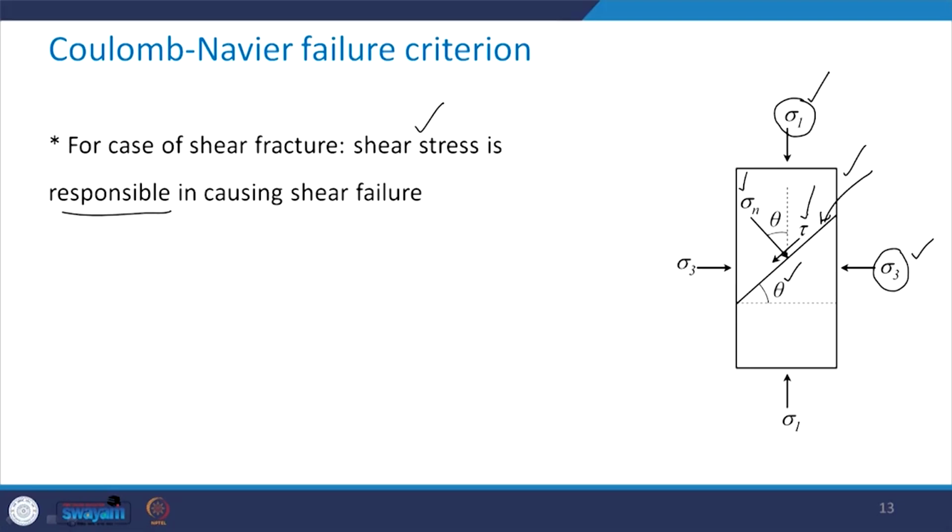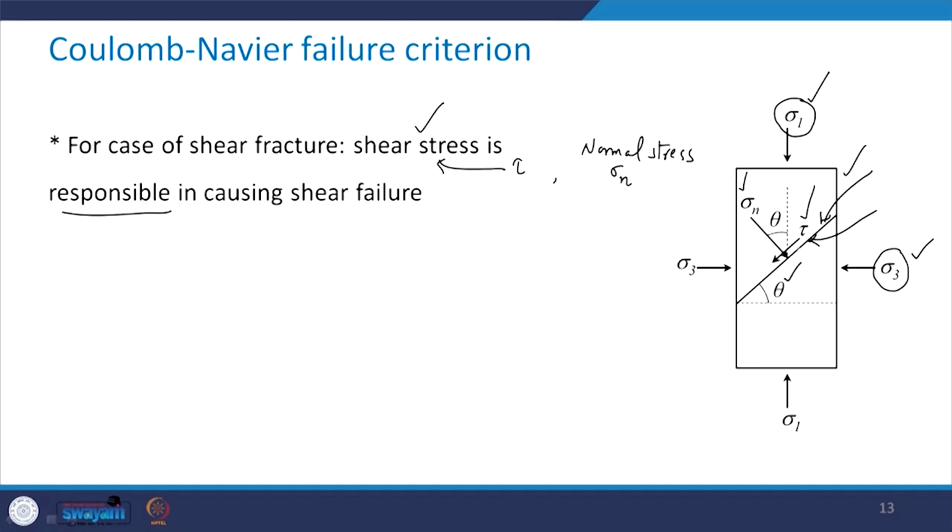This shear stress we are calling tau, and the normal stress is sigma n. So we can write the force equilibrium equations in the directions parallel and perpendicular to the plane of failure, which is this plane.